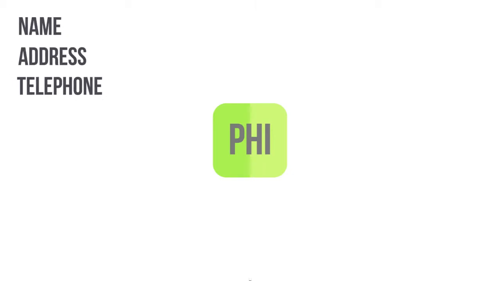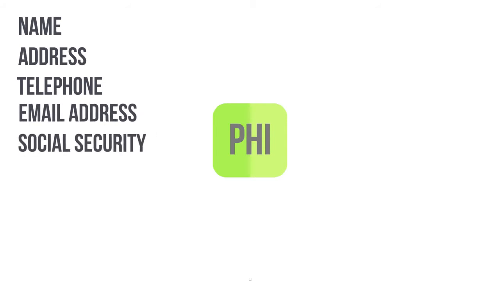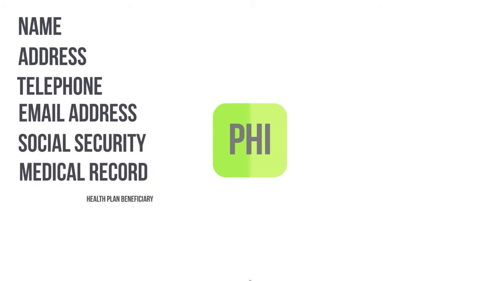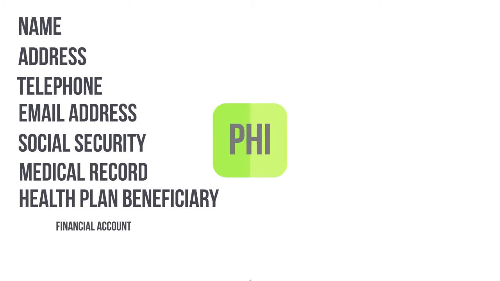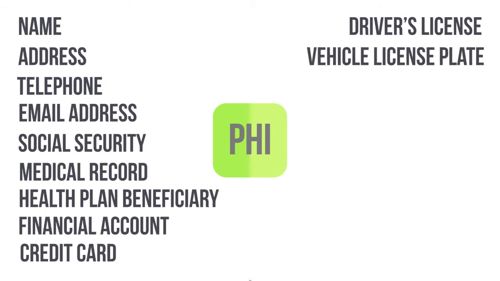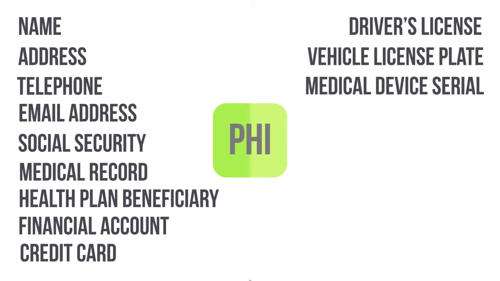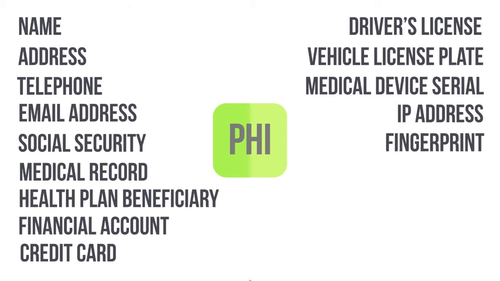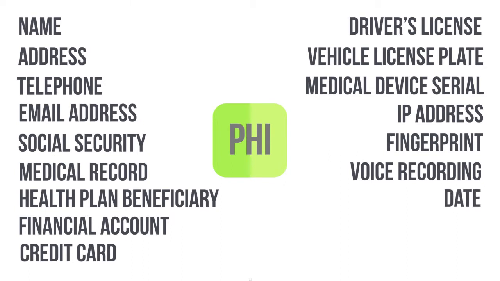PHI can be a name, address, telephone or fax number, email address, social security number, a medical record number, a health plan beneficiary number, a financial account, a credit card number, driver's license number, vehicle license plate number, a medical device serial number, an IP address, any biometric identifiers like fingerprints or voice recordings. PHI can be dates related to an individual like date of birth or date of death. It's also a person's photo or any other unique identifying number, characteristic, or code.